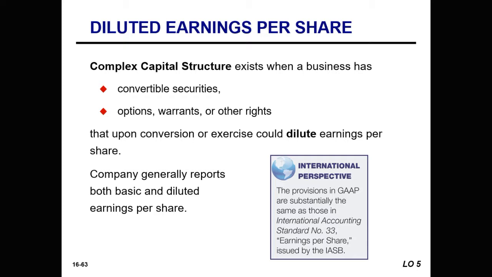There is a need to present both your basic and your diluted earnings per share on the face of the income statement. Most of you have looked at an income statement by now and have probably noticed that there are two EPS values. We've already talked about how the first is calculated. Now we're going to talk about how we go about calculating the second and what some of the problems are related to this.